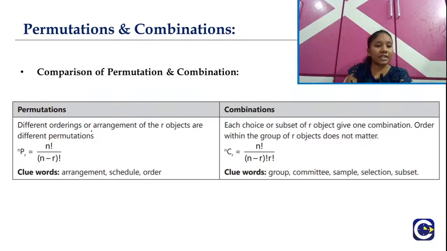Different orderings or arrangements of the r objects are different permutations, which means here order is very important, and the permutation is given by nPr, which is equal to n factorial by (n minus r) factorial. Whereas for combination, it will be a choice or a subset of r objects, given one combination order within the group of r objects.